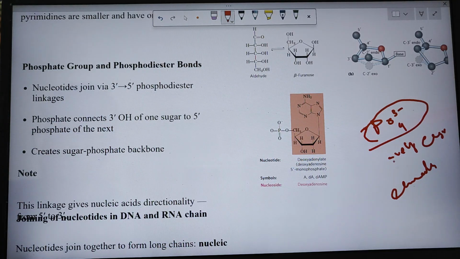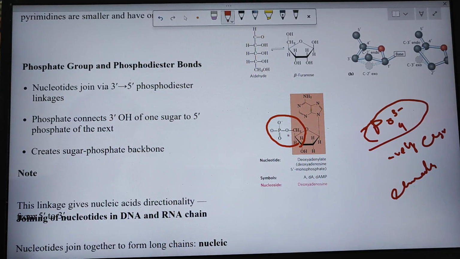The phosphate is attached to the carbon 5 of the sugar. For example, here this is the sugar, and the phosphate is attached at the carbon number 5 of the sugar, and this phosphate can be present as mono, di or triphosphate.